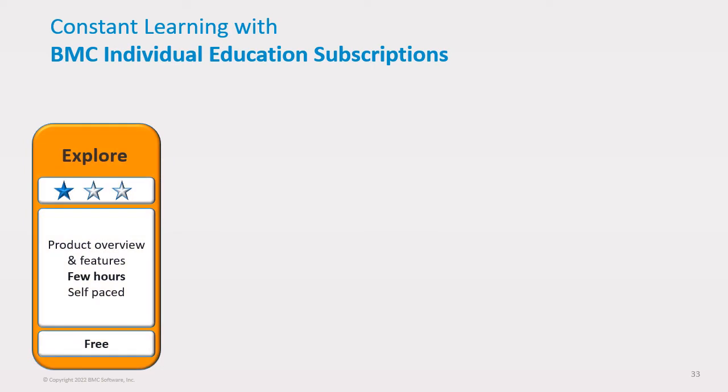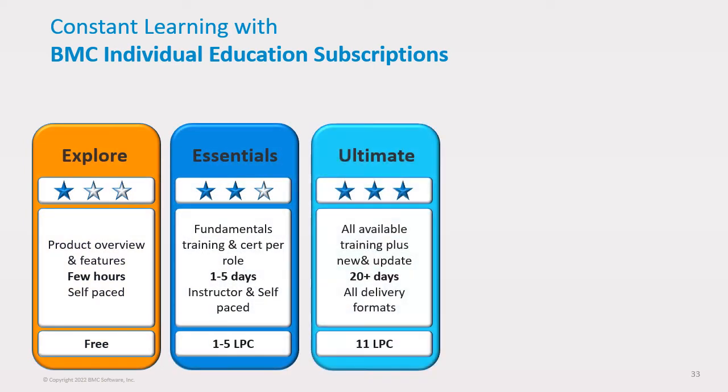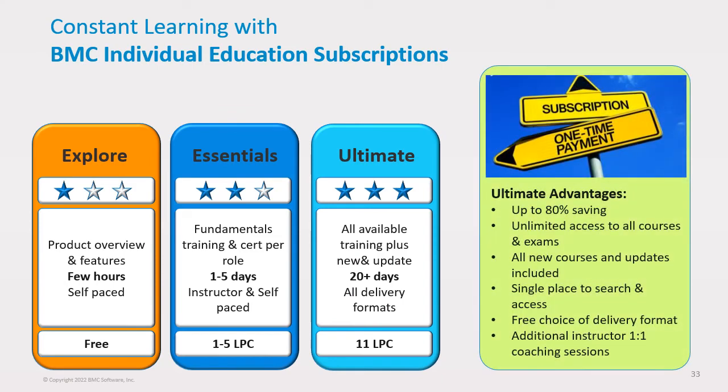Our subscription services offer 12 months of continuous access to BMC educational offerings per product. Learn what you want when you want it. Get more: continuous access to your selected subscription content for one product, including any associated courses and certification exams. Exclusive content: access education services exclusive to subscription. For example, Ultimate subscription contains 6 hours of instructor coaching.